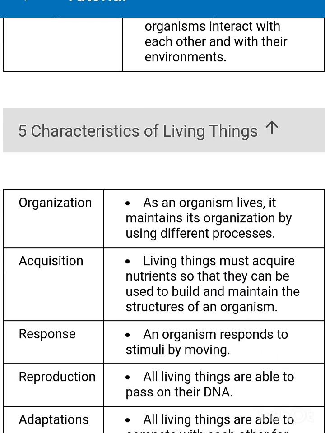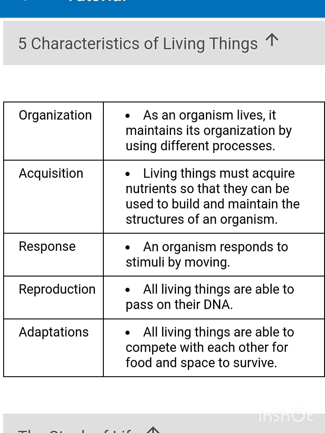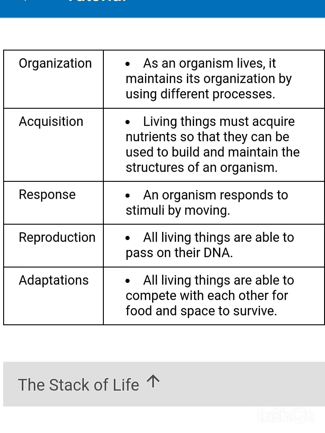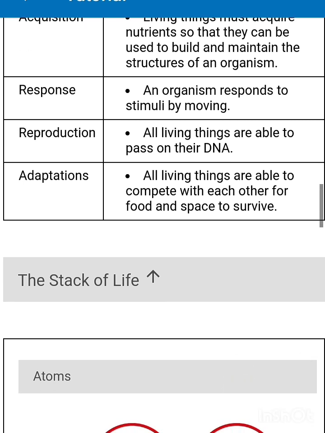Five characteristics of living things. Organization: as an organism lives, it maintains its organization by using different processes. Acquisition: living things must acquire nutrients so that they can be used to build and maintain the structures of the organism.